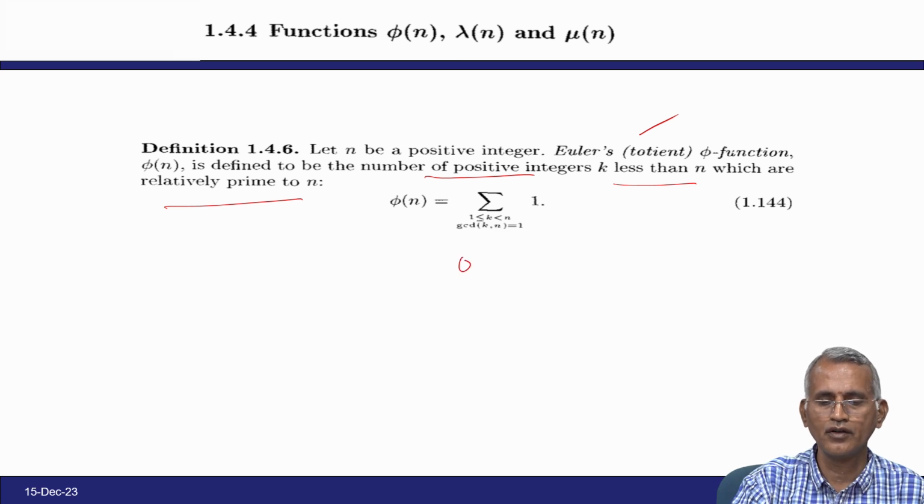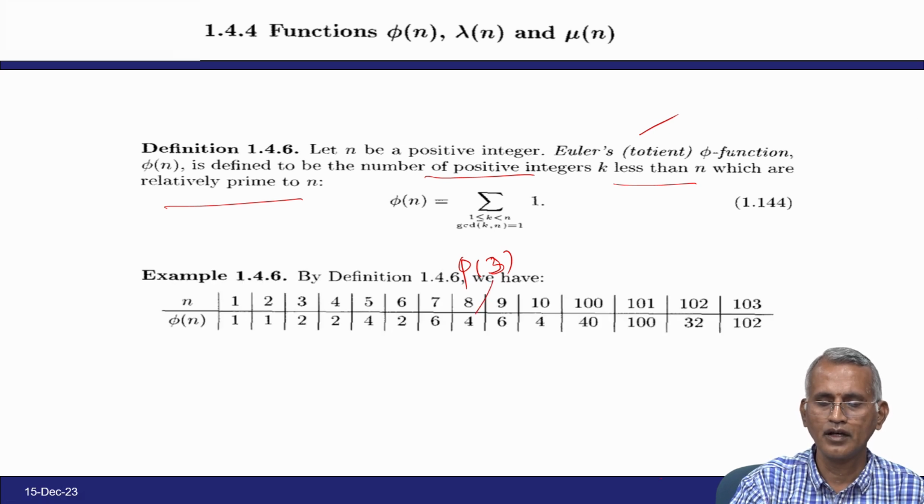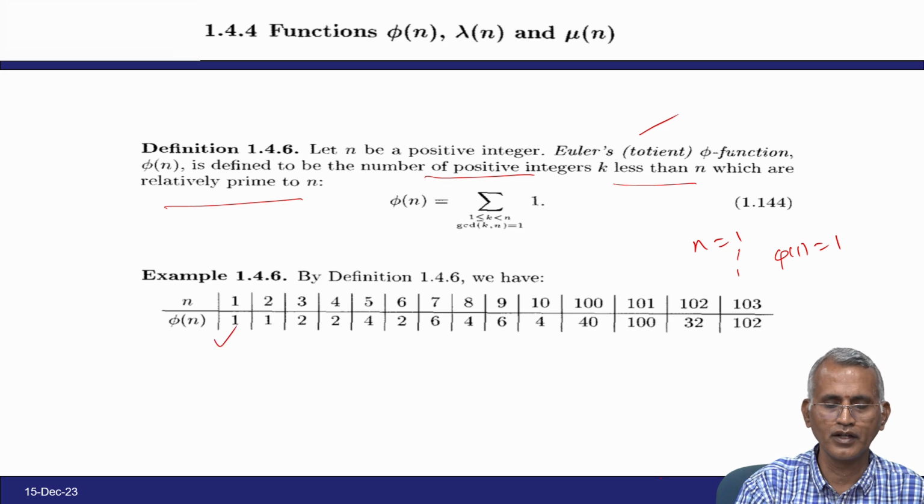For example, what are all the positive integers relatively prime to 3? You start with n equal to 1. What is relatively prime to 1 is 1 only, therefore phi of 1 equals 1.